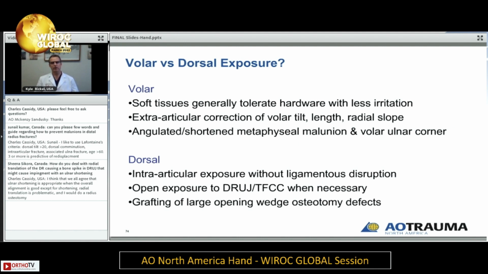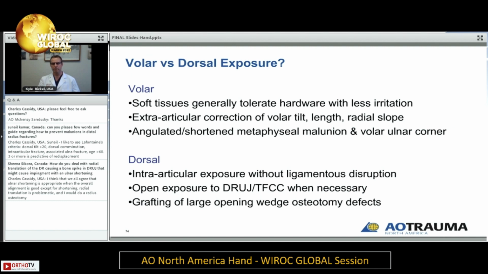And when we do have large opening wedge osteotomy defects, as we'll hear a little bit later on, if the volar cortex is no longer in communication, then we'll need to graft that. And sometimes with a large dorsal defect, it's just not possible to get a good bone graft in there from the volar side.